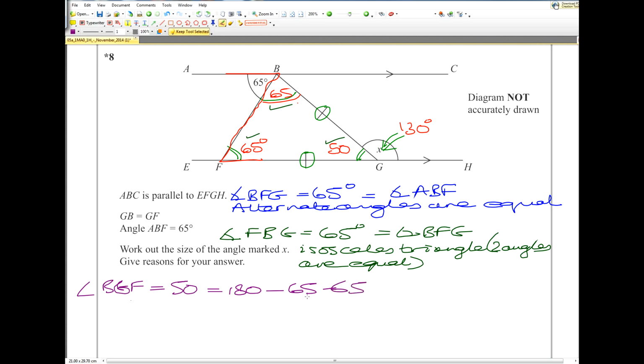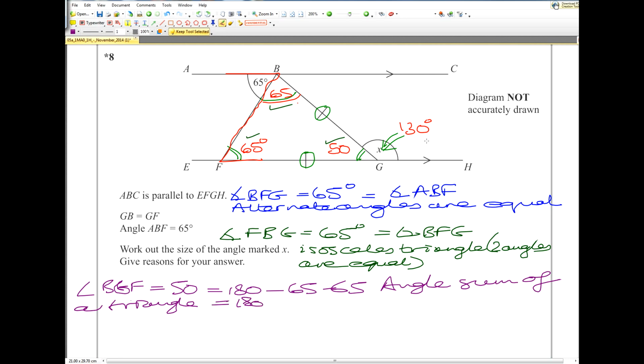And the reason for that is the angle sum of a triangle is 180. So remember, this is the angle sum of a triangle is equal to 180. So that's the reason why we got that.